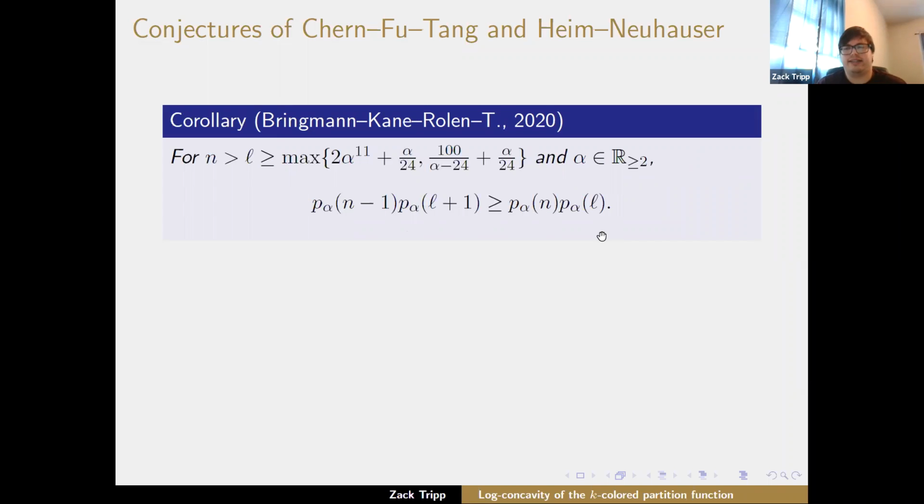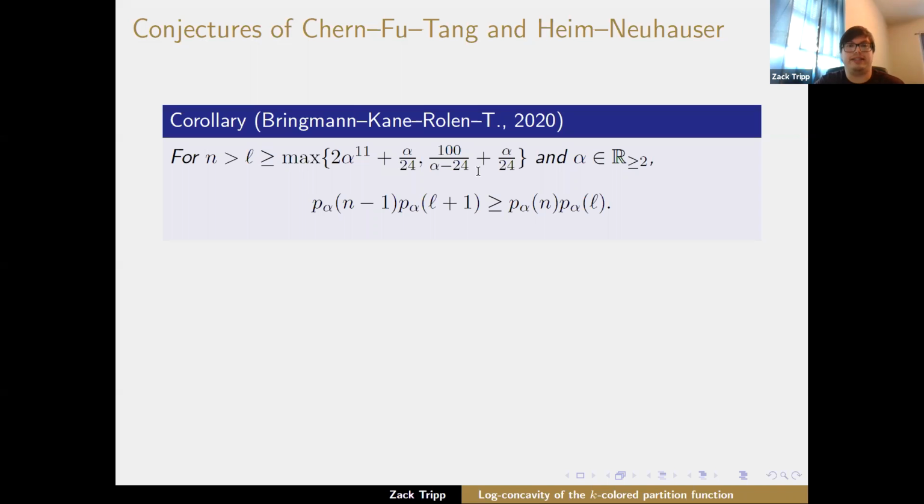Okay, so this is interesting enough. This is, I think, good progress towards the Heim-Neuhauser conjecture. And one nice thing is that for a fixed alpha, essentially all we've left is finitely many cases to check. So that leads us to go ahead and check 2, 3, 4, and 5 by computer.